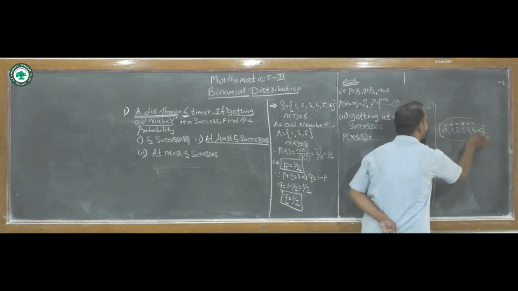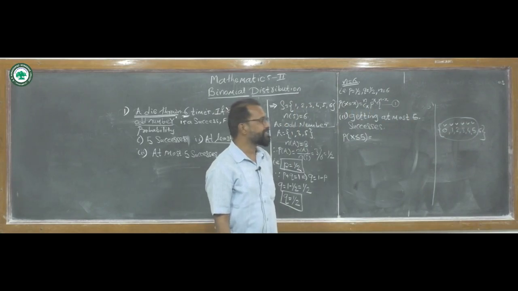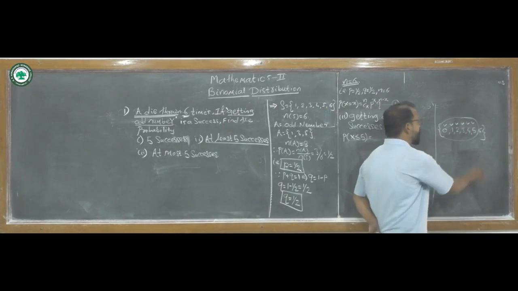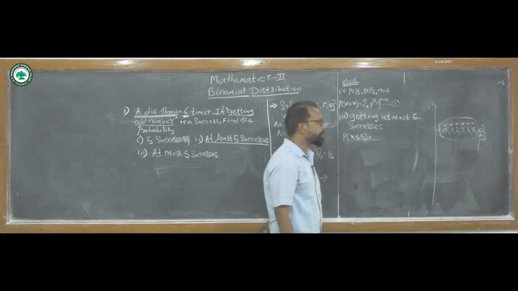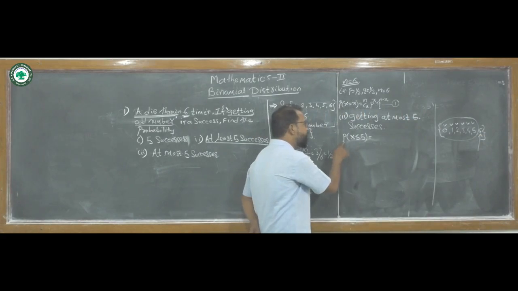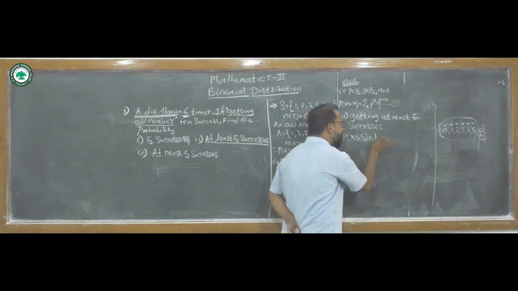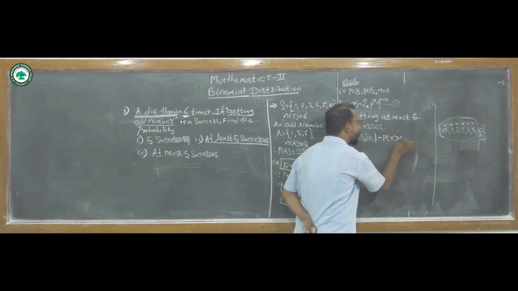These values of x are allowed. It also means that the value x equals 6 is not allowed. So this probability of x less than or equal to 5 can be written as 1 minus the probability of x greater than 5.